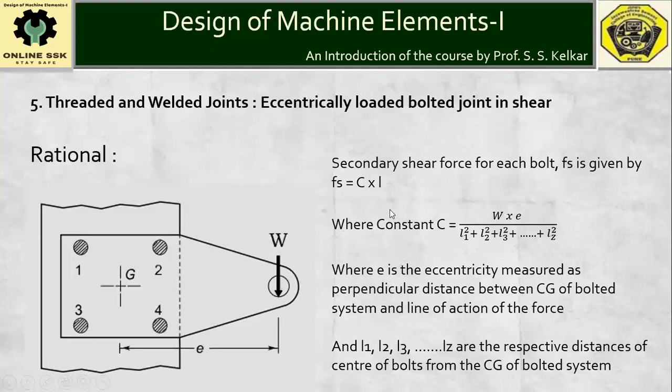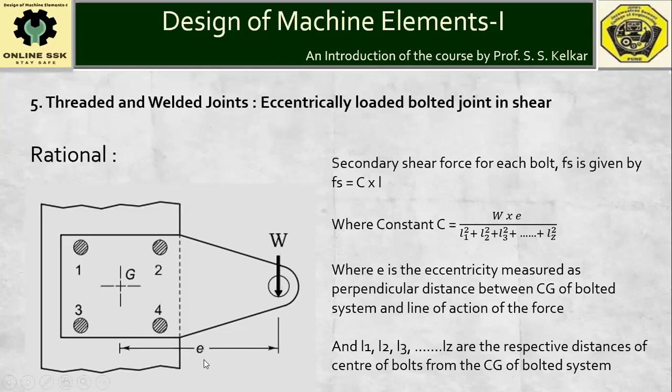So multiplying the constant C by L1, L2, L3, L4, etc., one can find out secondary shear forces Fs1, Fs2, Fs3, etc. Now this constant C is given by W into E divided by L1 square plus L2 square plus L3 square plus so on up to Lz square, where Z is the total number of bolts. W is the externally applied load. E is the eccentricity. Eccentricity is the perpendicular distance between the line of action of the force and the CG.